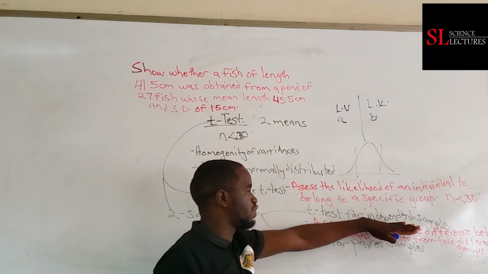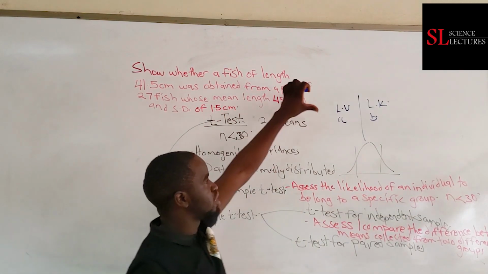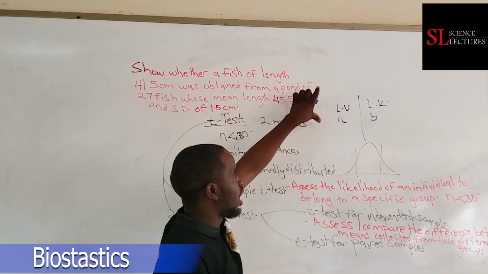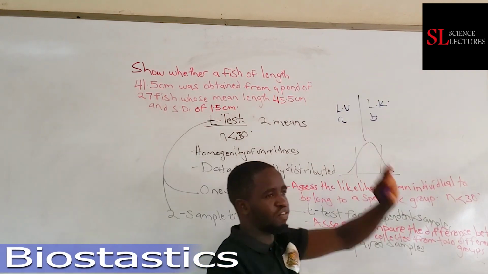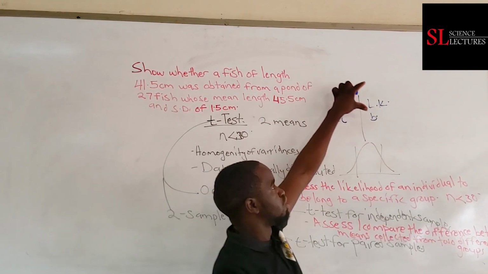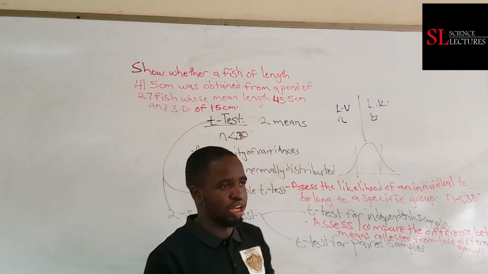But that t-test is for independent samples, because the fish in Lake Victoria have nothing that joins them to the fish in Lake Choga.